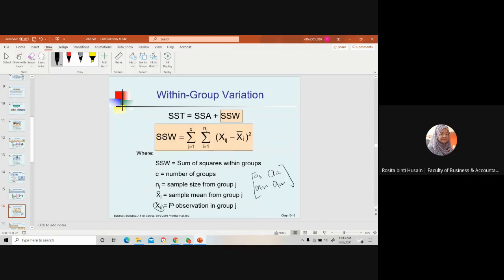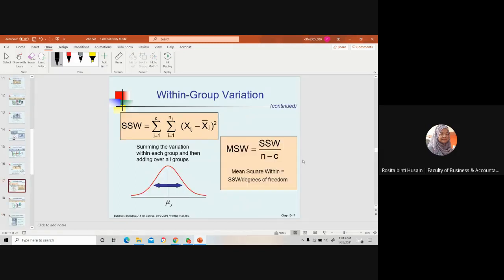This is the number of items in the group, and this is the group. Row and column. So within group variation tests the variation within the group.